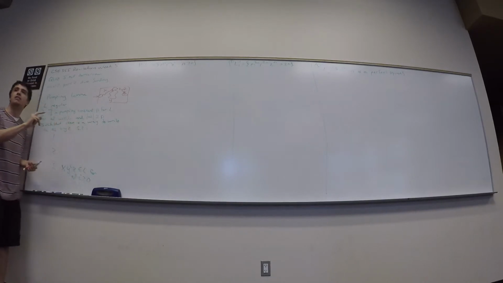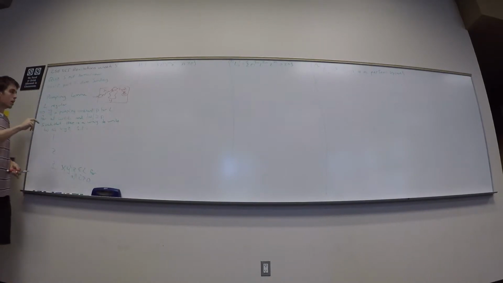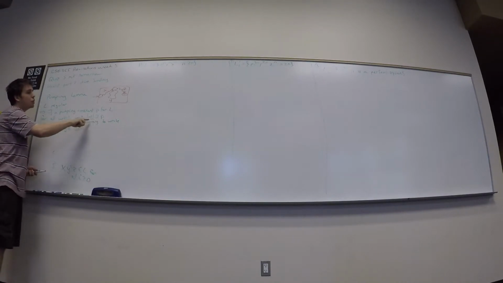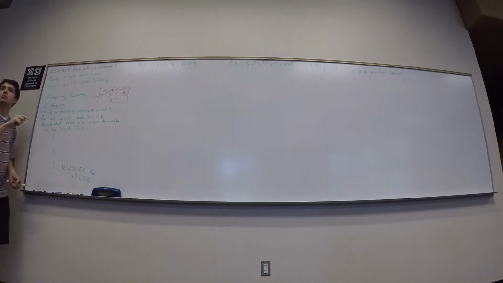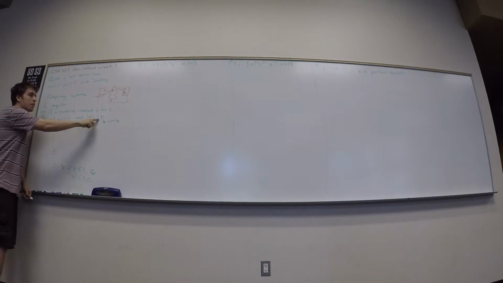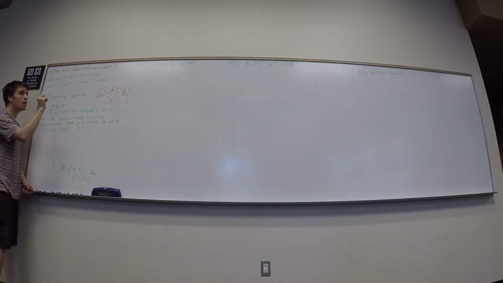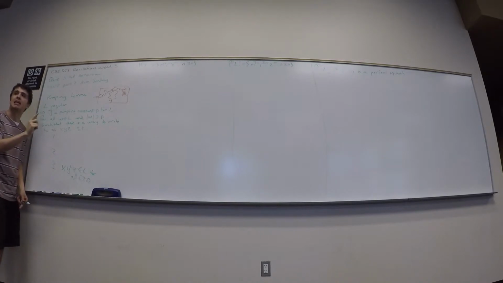Well, let's consider if it was the first one. I said that this works for all strings of length at least p, right? Does it work with strings of length exactly p? Yeah, I said at least p, so exactly p works. But if it has length exactly p, does it have a repetition?